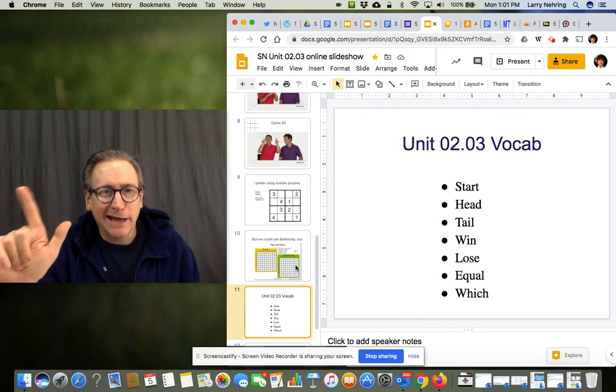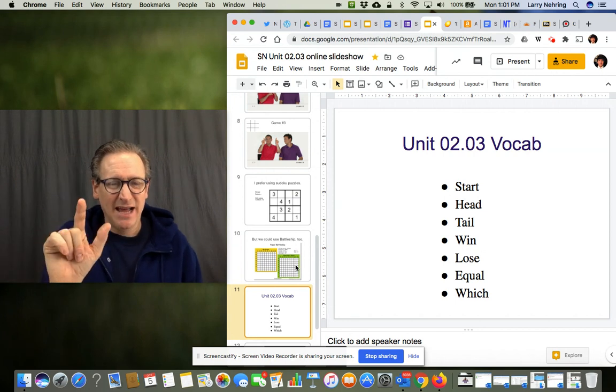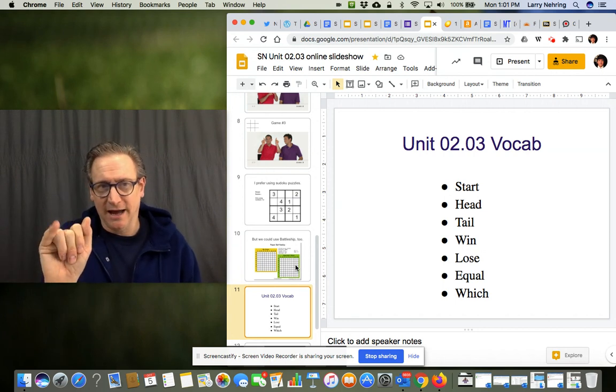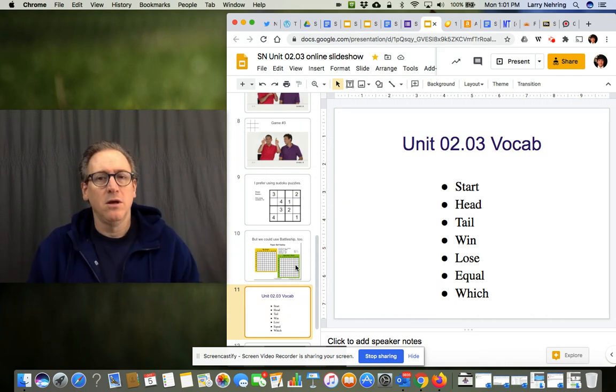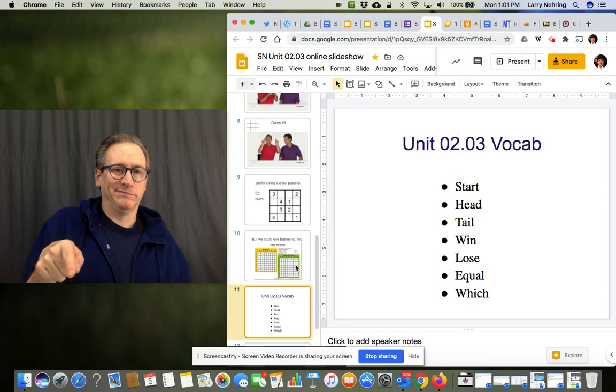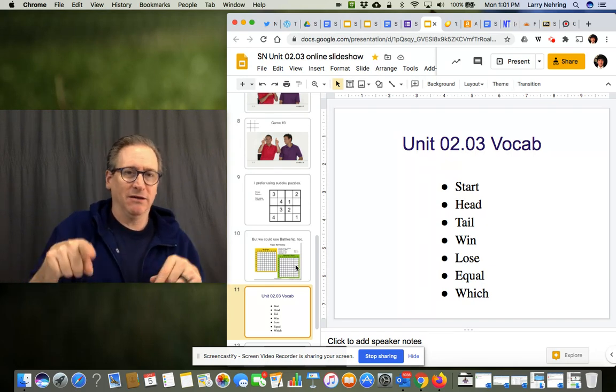T-A-I-L. I'm doing it just really fast, T-A-I-L. It's very little change. Tail. This may have just been the area that I lived in that we would do tails as we were playing games.